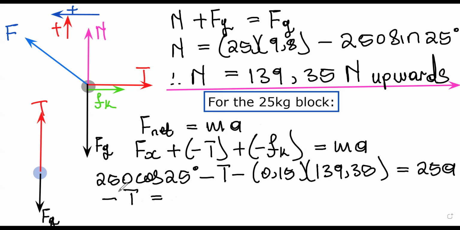So now we go to the left. And what is it we say? We say we have 250 cosine 25 minus 0.15 times 139.35. If you press that into your calculator, you get positive 205 point something.